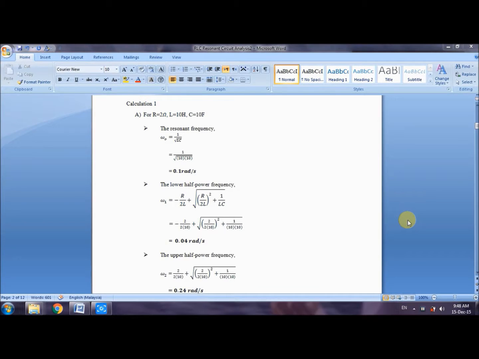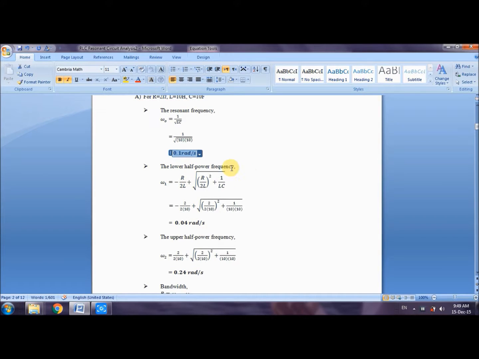Okay, now we will show you our first calculation, where we set the value of R to 2 ohm, the inductor to 10 Henry, and the capacitor to 10 farad. To get the value of the resonance frequency, we use this formula, omega naught equals 1 over the square root of LC, which gives 0.1 radian per second.